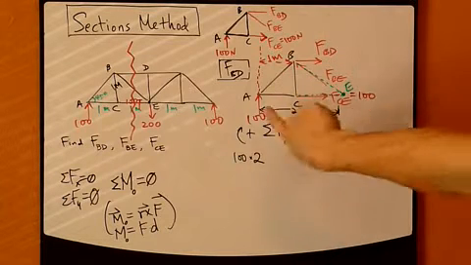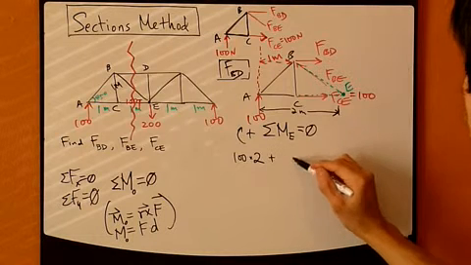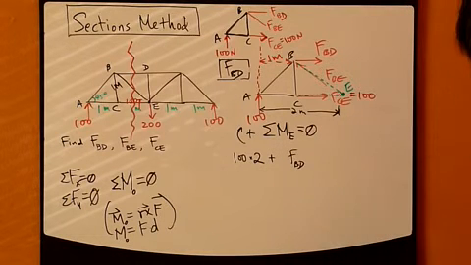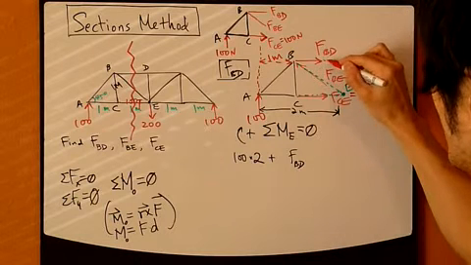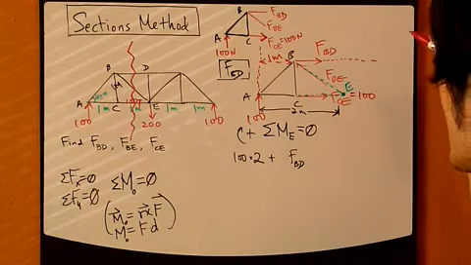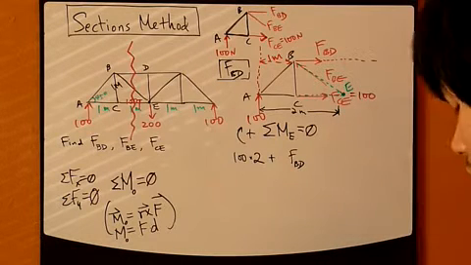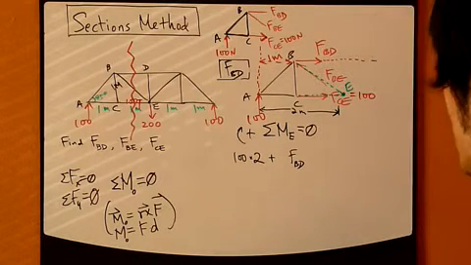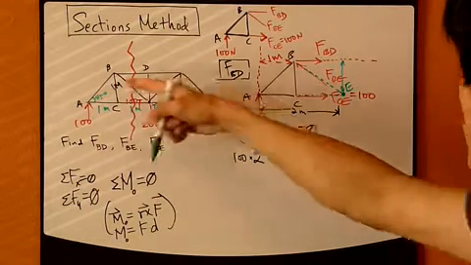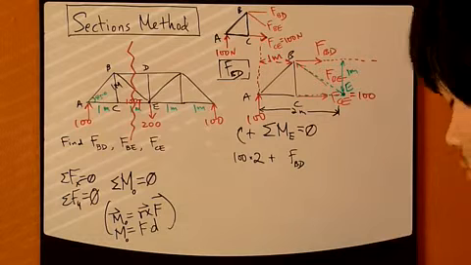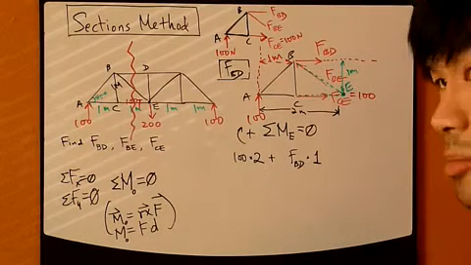Next, BD, my unknown. FBD times, I'm going to extend this line of action. So the shortest distance between this line of action and joint E is this vertical distance, which is 1 meter. So FBD times 1 meter.